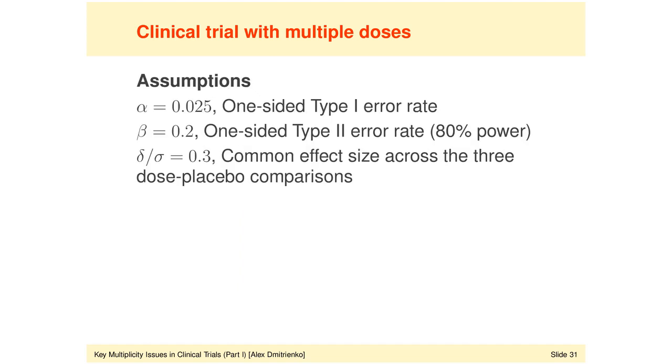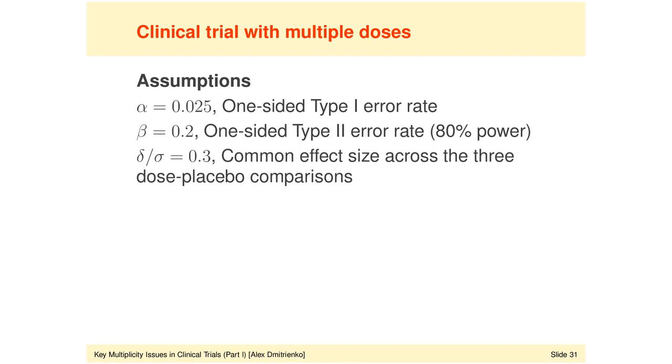To perform a comparison of this naive approach to a recommended approach that involves simulations, we're going to make the following assumptions. Given that this is an example based on a phase 3 clinical trial, we're going to set the one-sided alpha to 0.025. The one-sided type 2 error rate will be beta of 0.2, which means that the power in the study will be set to 80%.